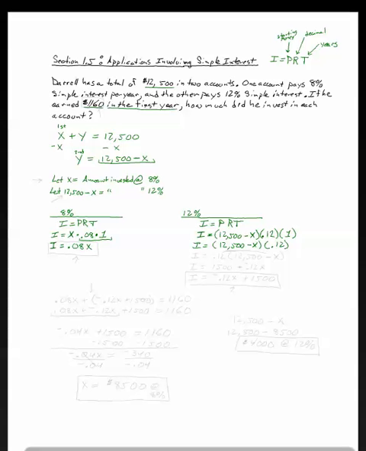Now I want to distribute this 0.12, so I'm going to bring it to the front. Interest equals 0.12 times 12,500 minus x. And now I'm going to distribute that 0.12 to both terms inside parentheses. And to do that, we're probably going to want a calculator.